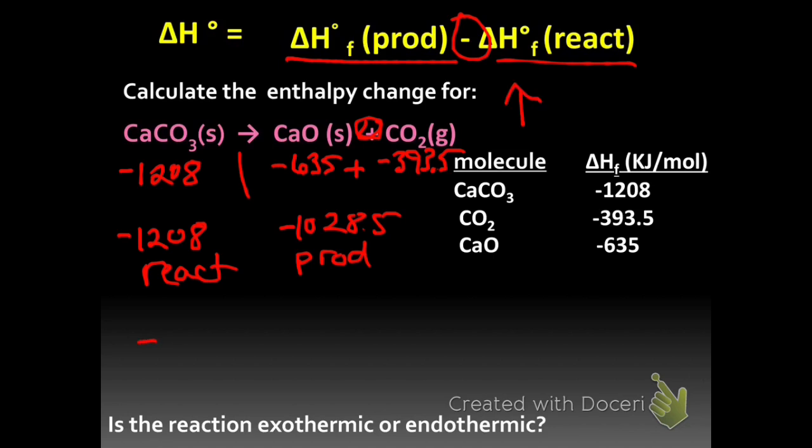It needs to be products minus reactants, and our products were negative 1028.5 minus my reactants, which were negative 1208. We still have to make sure that we put in the negative. So this is minus a negative value.